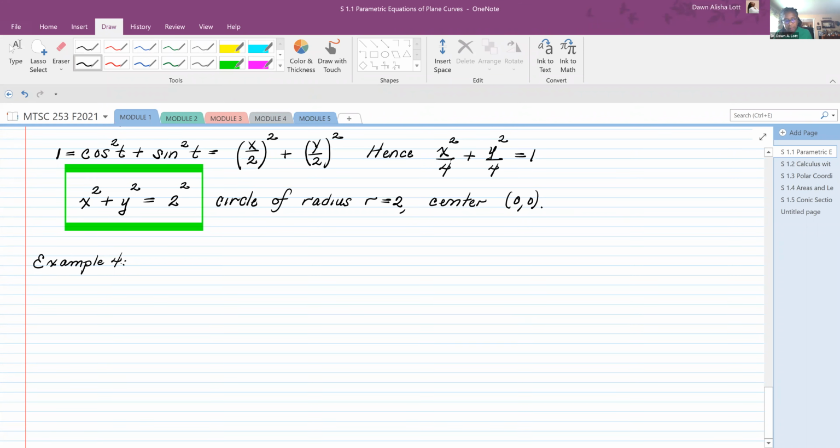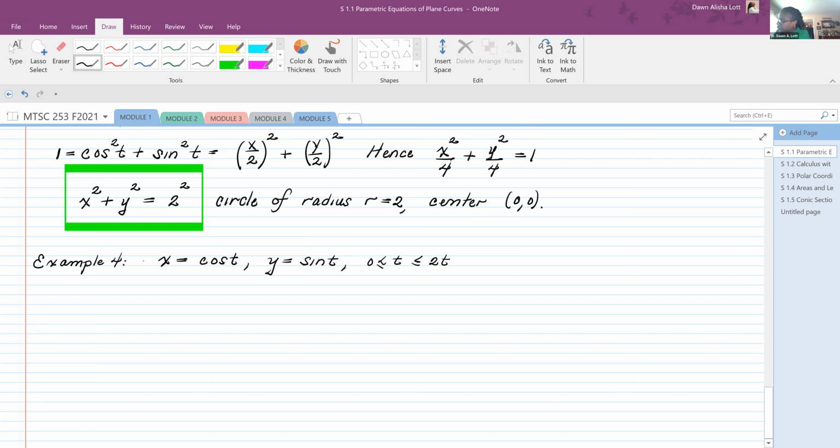Let's try x equals cosine of t, y is equal to sine t, 0 less than or equal to t, less than or equal to 2 pi.